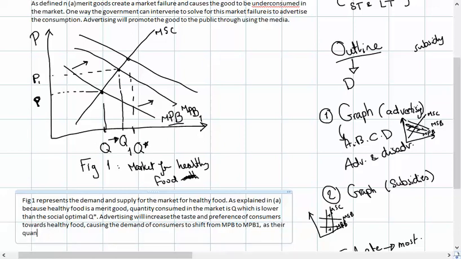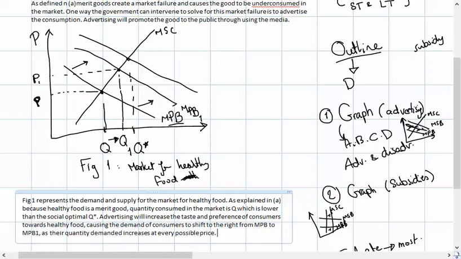So this is just an explanation of what a shift is: their quantity demanded increases at every possible price. So state also that it shifts to the right. State the direction of the shift.